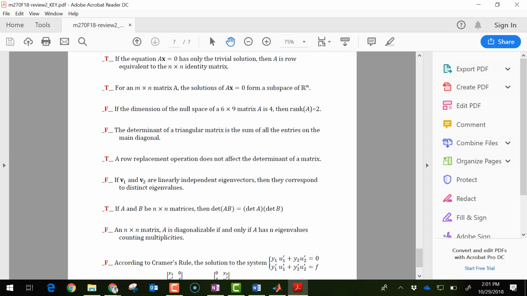What would be a counterexample for this? I think it might have been backwards. It could have n eigenvalues, but diagonalizability does not depend on the number of eigenvalues.